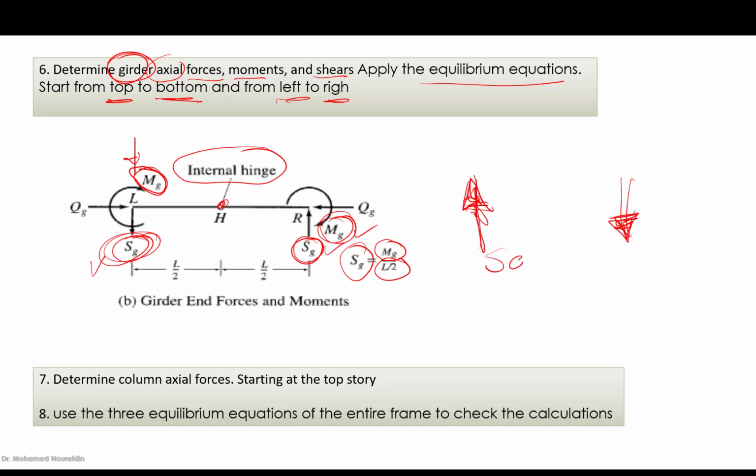So this is SG left, this is SG right. Okay, and number 7, determine column axial force. The last thing is column axial force. Remember that very well, starting at the top story.